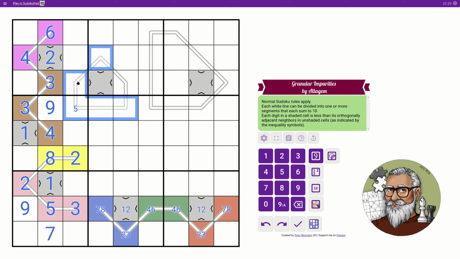If this is 1 and this is 1, this could be 7 and this could be 1 and 2. No, we can't, but we can have 3 here. Oh, we can't have 1s. I'm sorry. We can't have 1s.